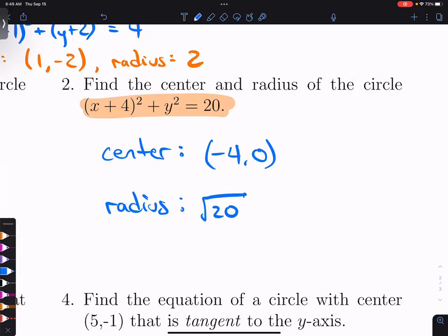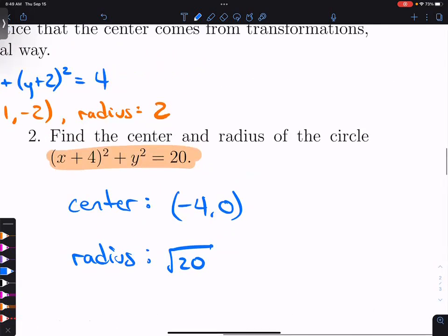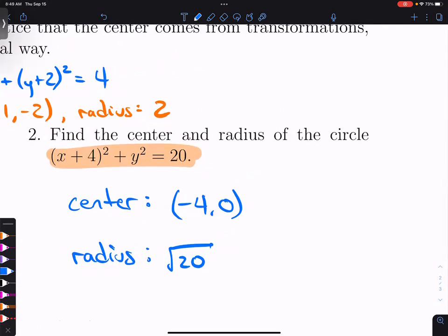Is 20 a perfect square? No. Can we break it down? Yeah, if you remember how to do that. 20 is not a perfect square, but what are some things that go into 20? 4 and 5. 5 is prime. It doesn't break down anymore.